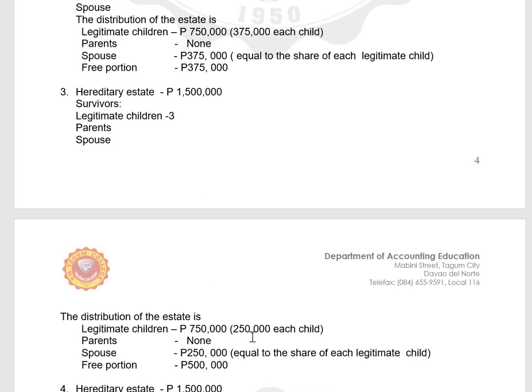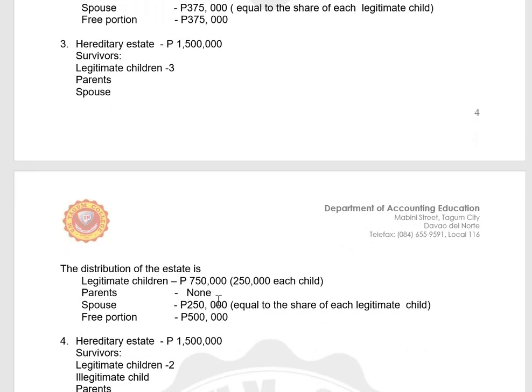So, meaning to say, 250 ang share na each child. Then, ang share din ng surviving spouse is equal sa share ng each child. So, 250. So, 750 plus 250, then yung hereditary estate is 1.5 million. So, the free portion is 500,000.